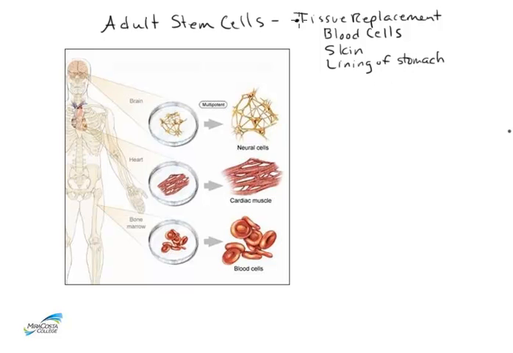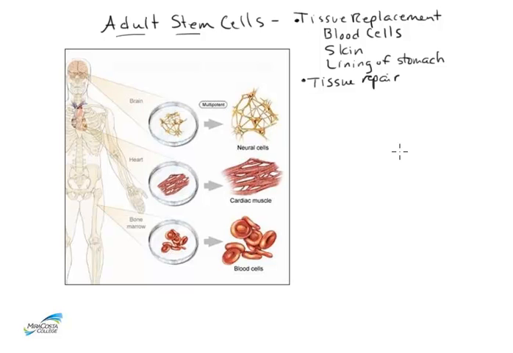So we would have stem cells within those specific tissues constantly generating a set of replacement cells to replace worn out tissues. We also need them in the case of injury for tissue repair, right, to generate new populations of cells.